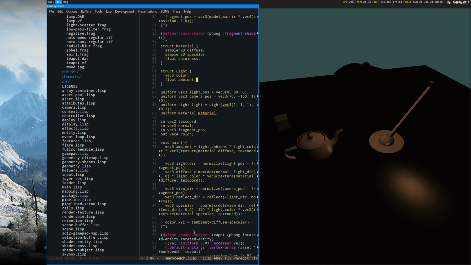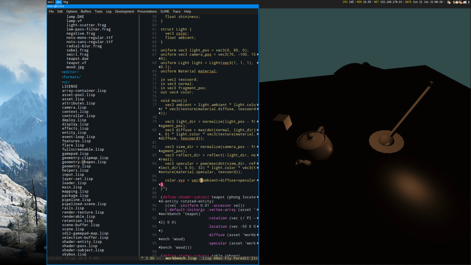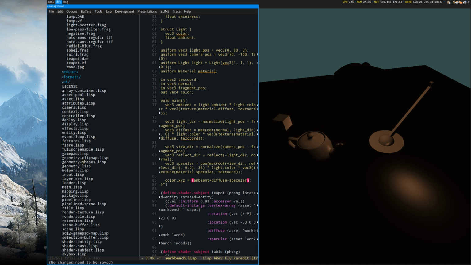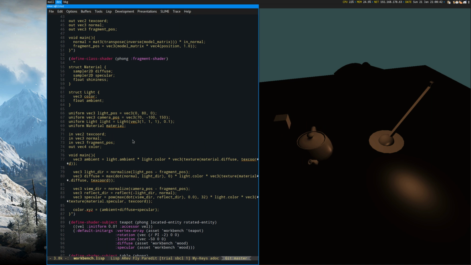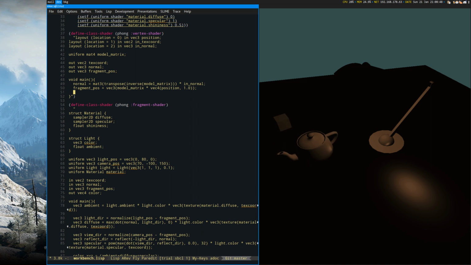Also, I'm not calculating the color quite right. Wait. I'm looking it up from the texture, aren't I? No, I'm not copying it over, of course. I did not change anything though.